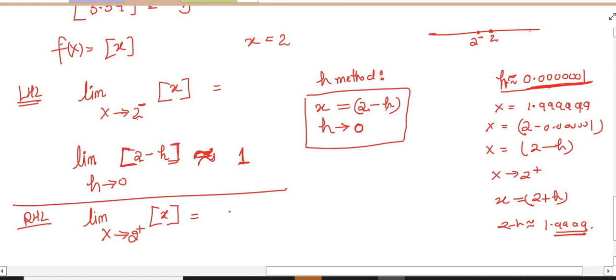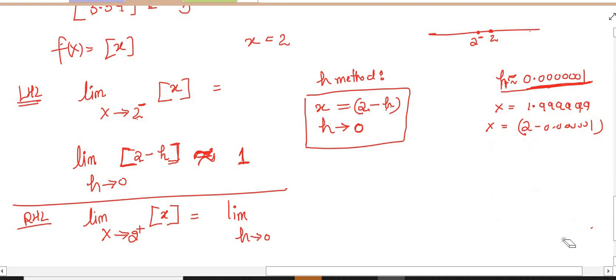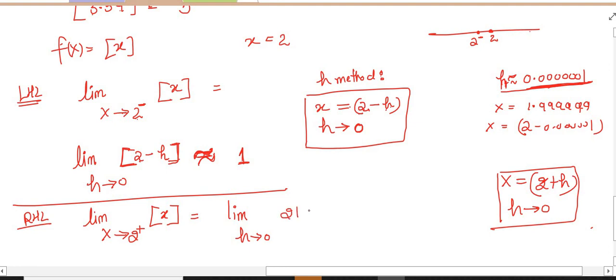For the h method, I will use the limit as h is tending to 0. Correct? See here, x is replaced by 2 plus h and h is tending to 0. That's how we do it.